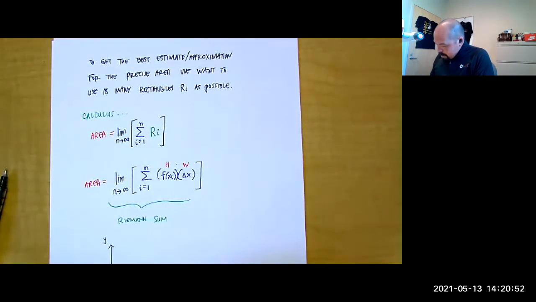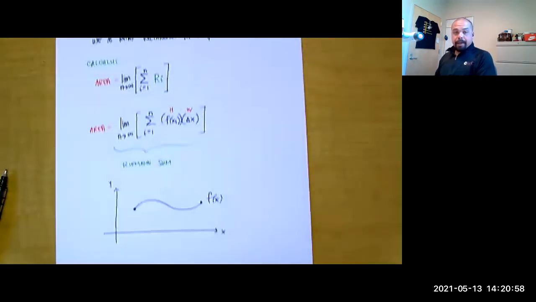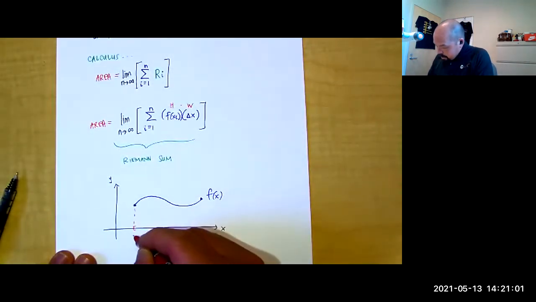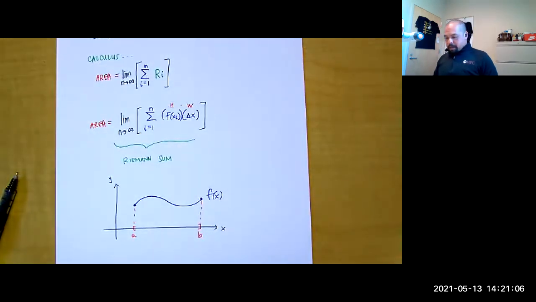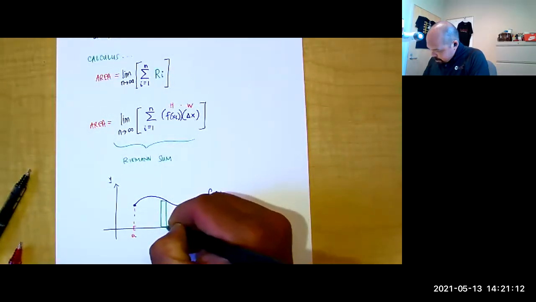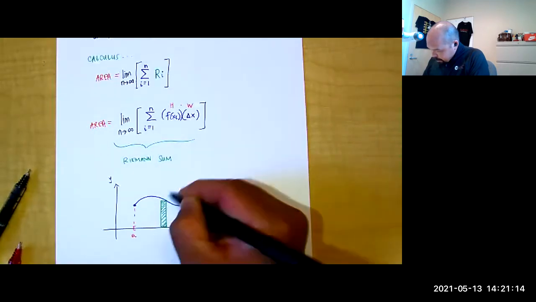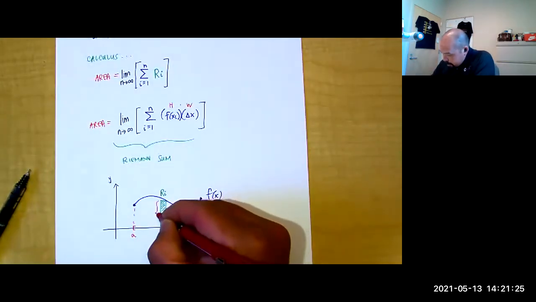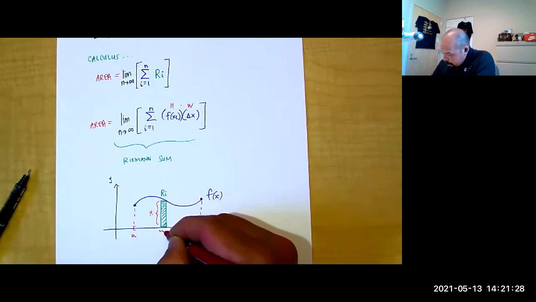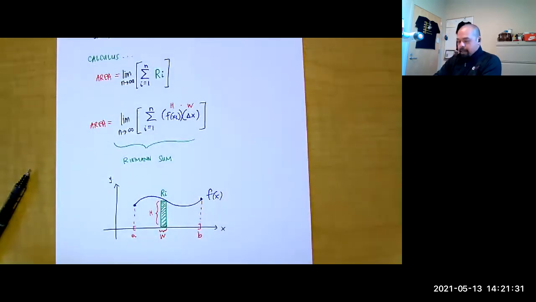We have our function, whatever that might look like, over that interval, and we start to create, I want to exaggerate the size here, our little rectangles. As we talked about, our height and width.